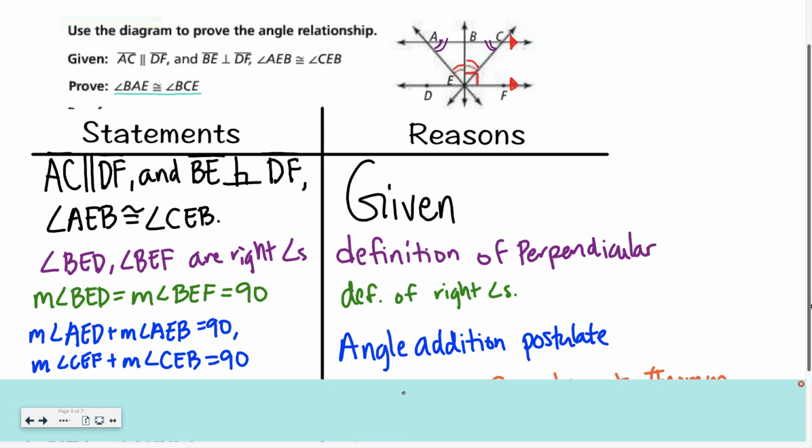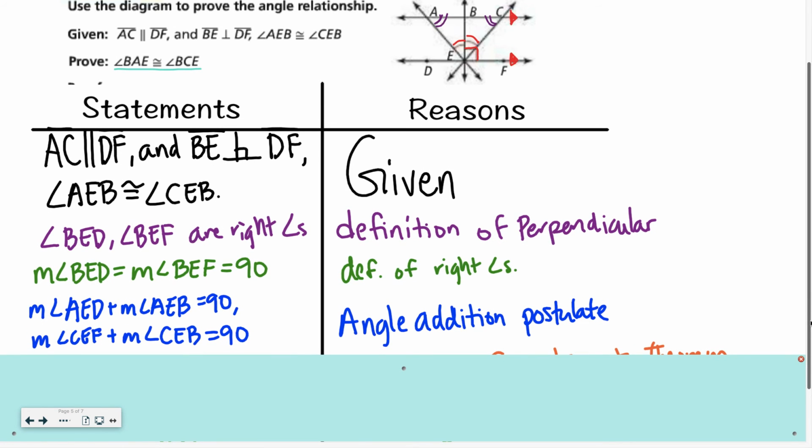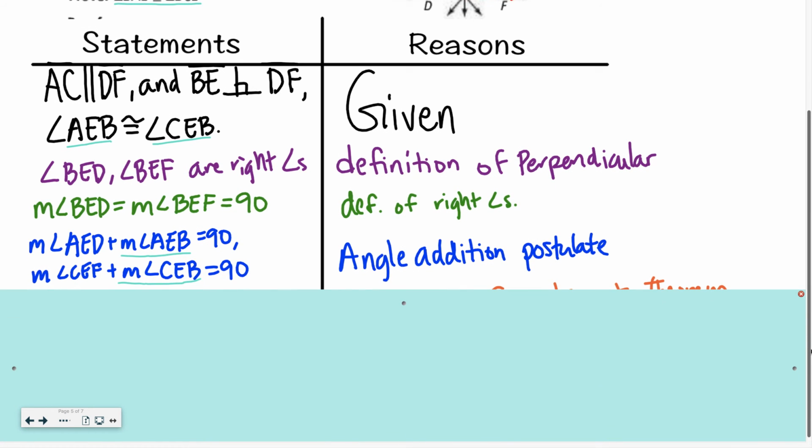Okay? Then, if I look back at my given, I know that AEB is the same as CEB. So look, these two angles are actually the same exact thing. So that means that if we go back to chapter 1, when we think about our complementary angles, if we have two angles that are the exact same thing, and we have them being added to another angle.